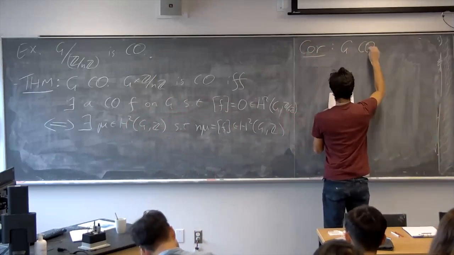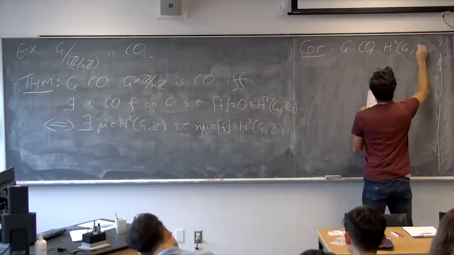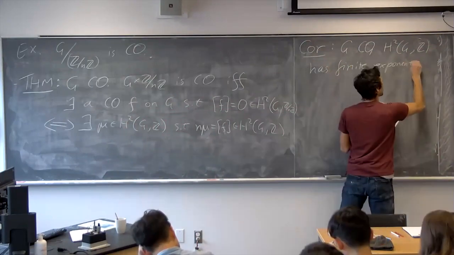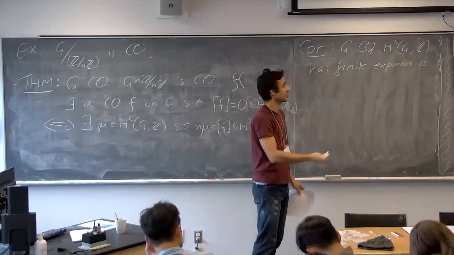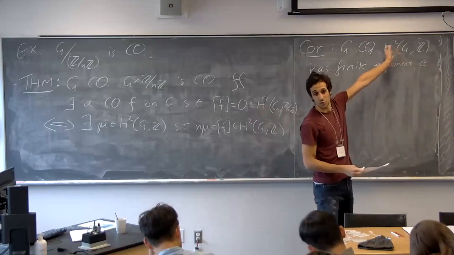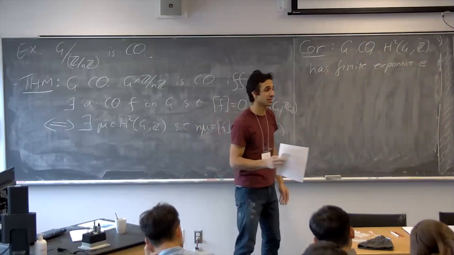Let G be a circularly orderable group, and H2 of G with Z coefficients has finite exponent E. That means E times every element is trivial. In particular, maybe this is a finite group, which happens if you care about rational homology 3-spheres, for example.